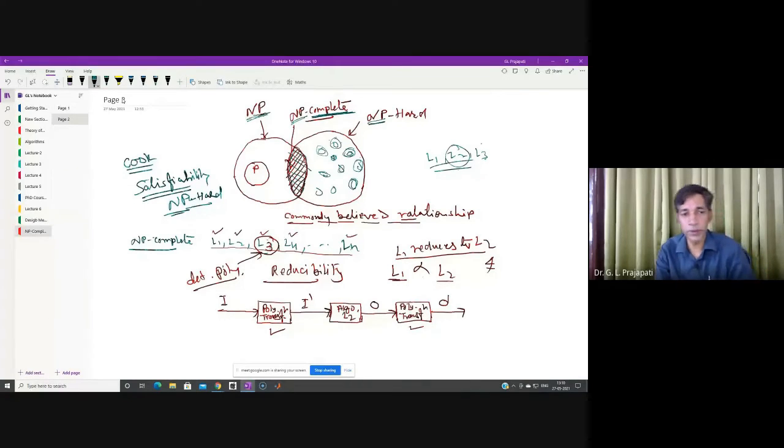Around 1973, Stephen Cook found out that the satisfiability problem is NP-hard, and he also found out that every NP problem reduces to it. And with the help of reducibility, later on, people found many, many problems which are NP-hard.